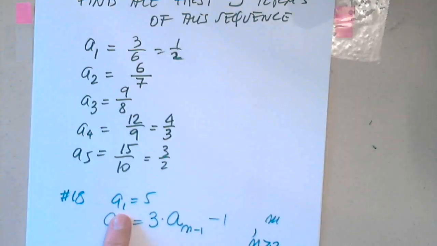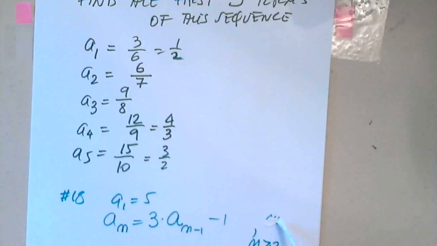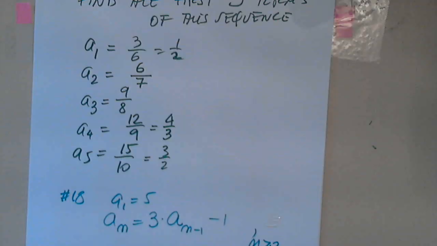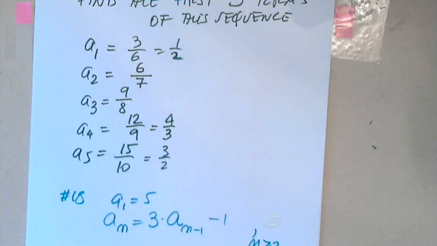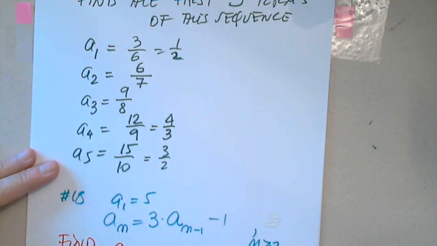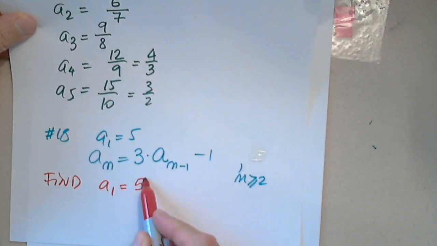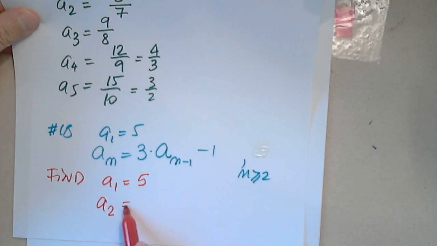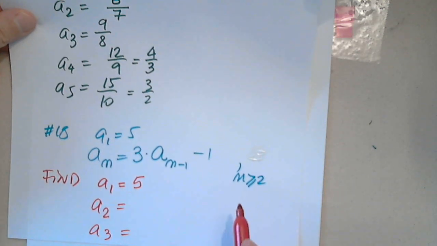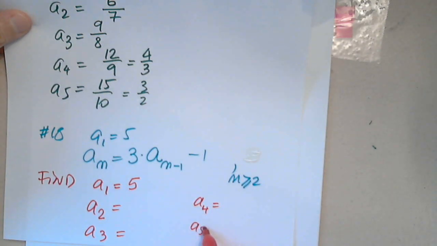Why? Because I'm given a1. I can't find a1 again. The same question, we're asked to find the first 5 terms. So find a1. You can say you already have it, and I'll have to agree. I do. But then I have to find a2, a3, a4, and a5.